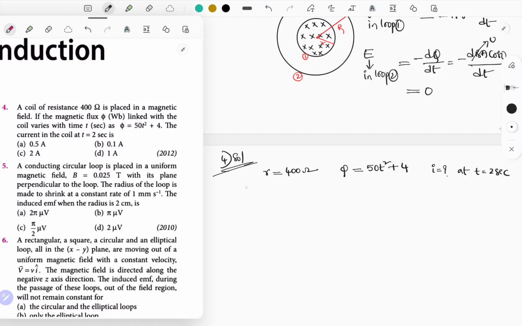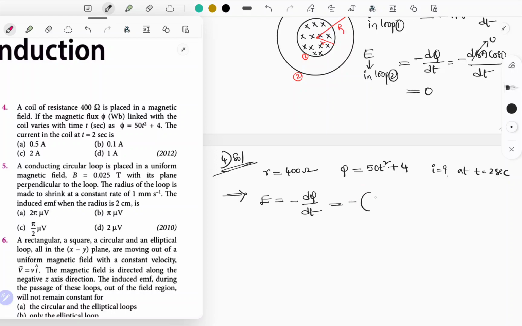Okay, so first of all, as flux is changing with respect to time, we have to find out the induced EMF, which is E is equal to minus d phi by dt. Differentiate this flux with respect to time.